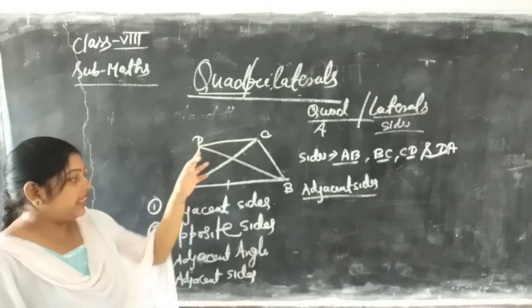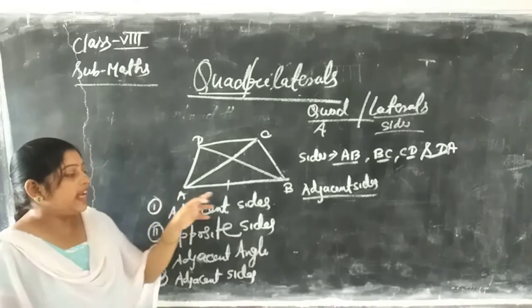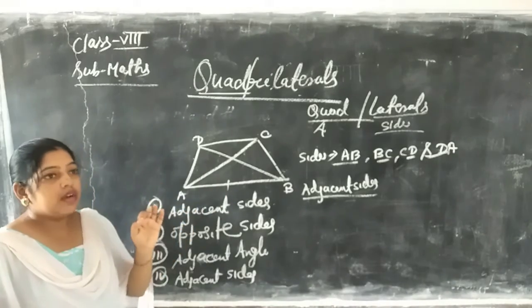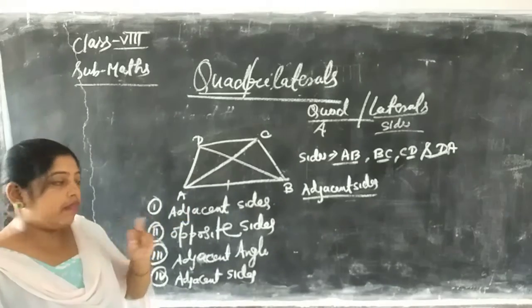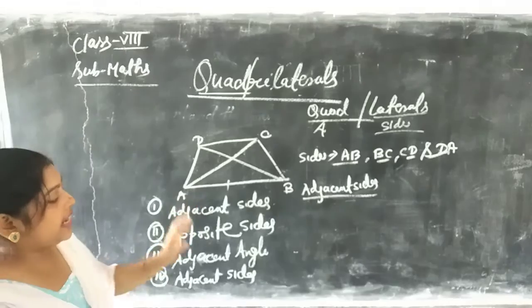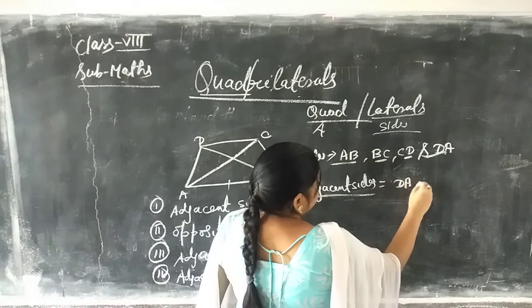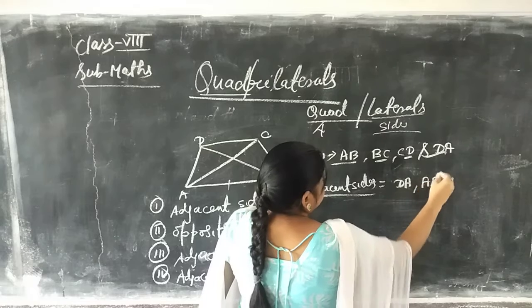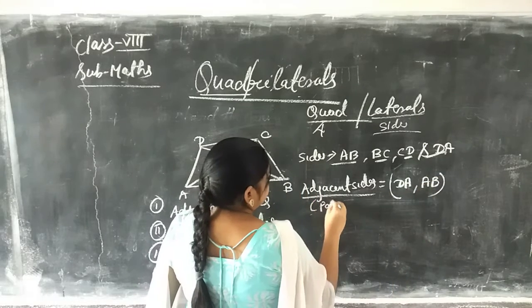If we start with DA and AB, these sides are made up of one common vertex, A. So DA and AB is a pair of adjacent sides.